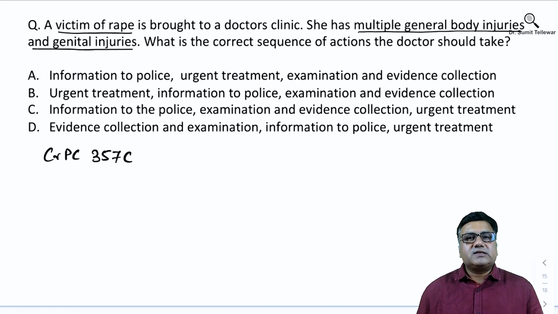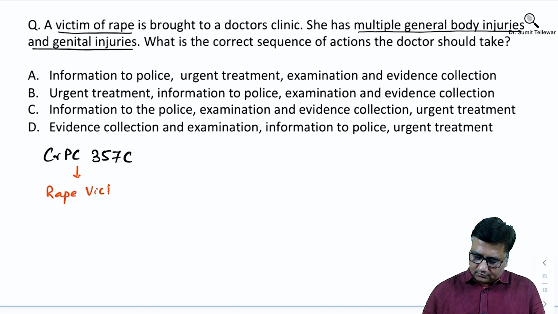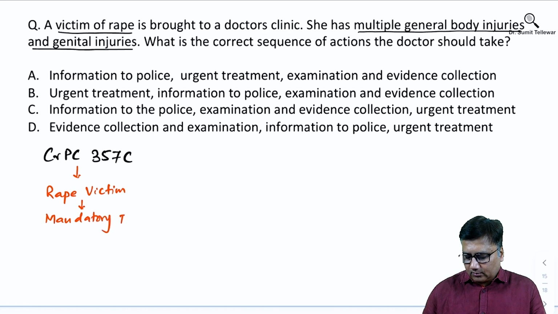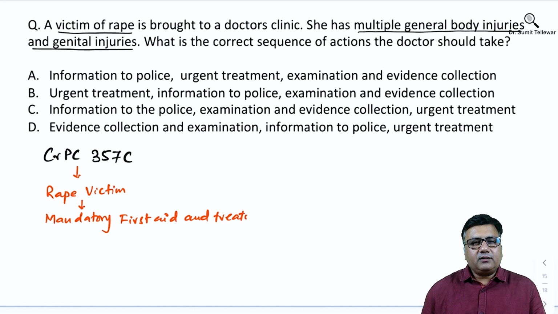CRPC 357C, and it says rape victim, mandatory first aid and treatment.